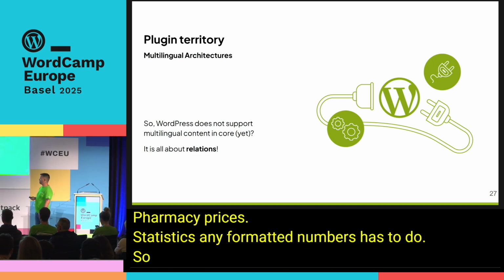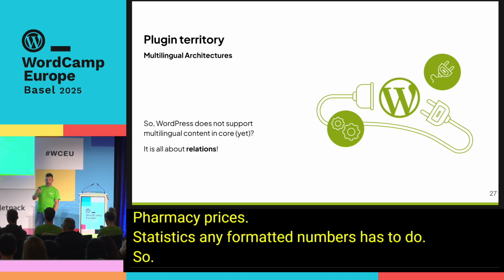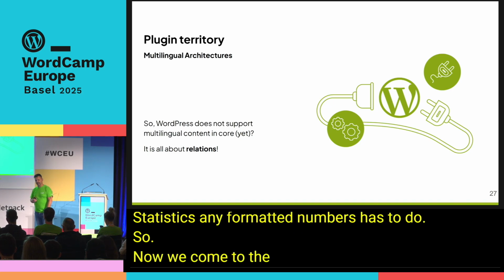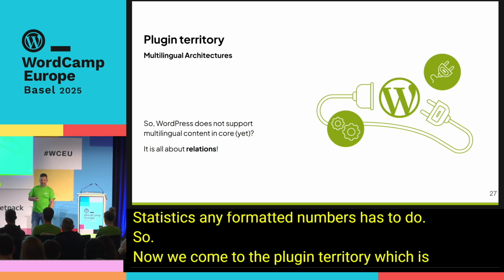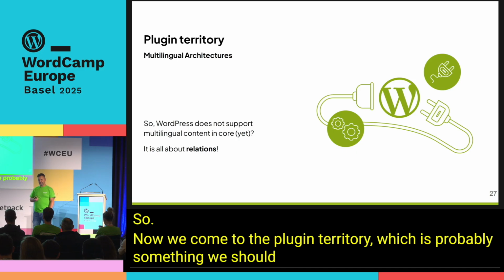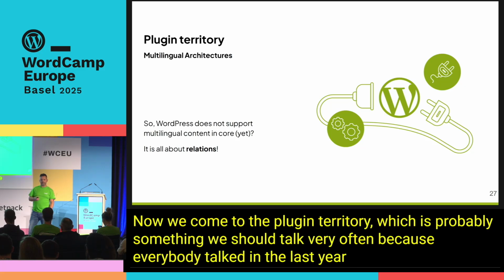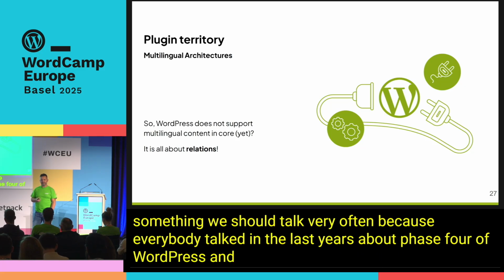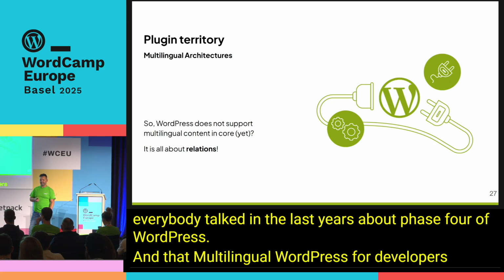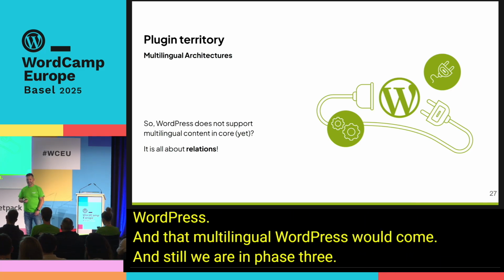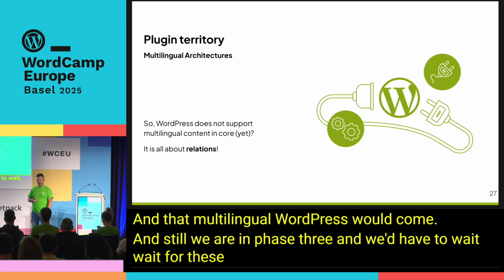So now we come to the plugin territory, which is probably something we should talk about very often, because everybody talked in the last years about phase 4 of WordPress, and that multilingual WordPress would come, and still we are in phase 3, and would have to wait for these solutions.